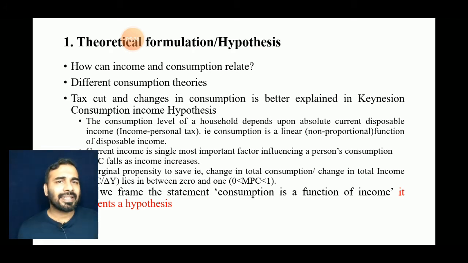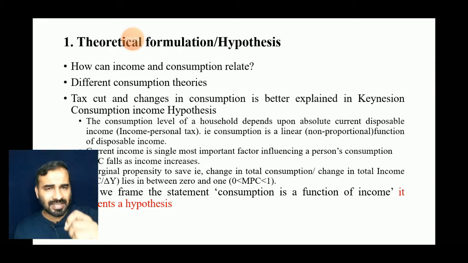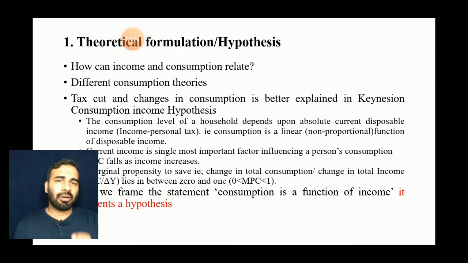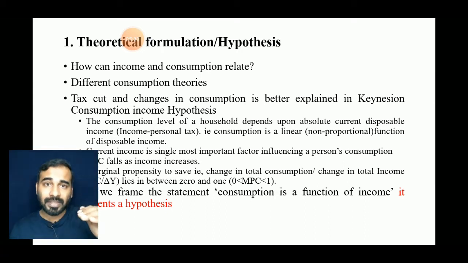You can easily say it is the Keynesian consumption function. The consumption level of an individual or a household depends upon absolute current disposable income. Once again, consumption depends upon absolute current disposable income.